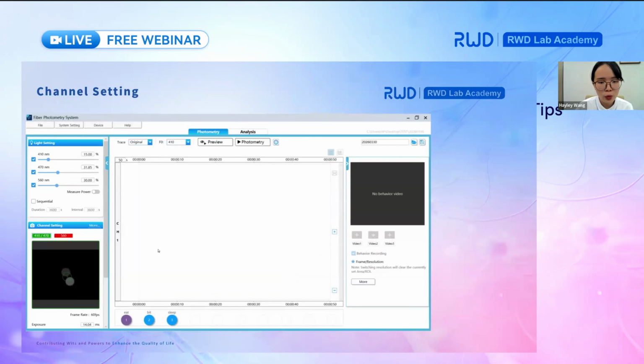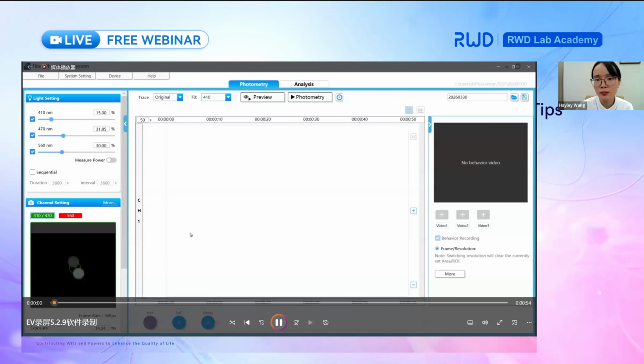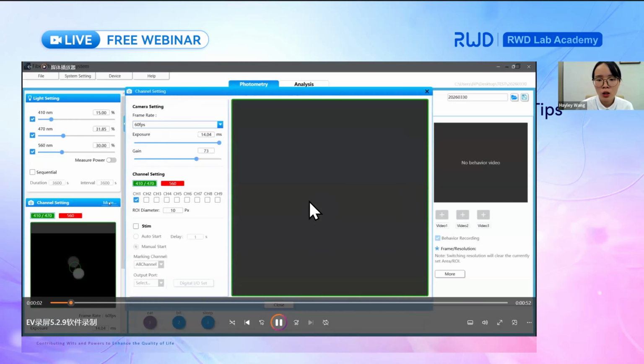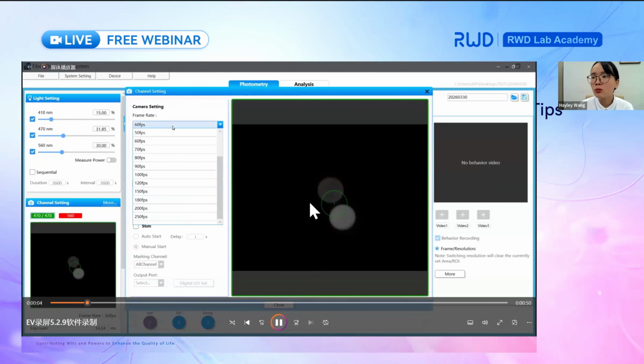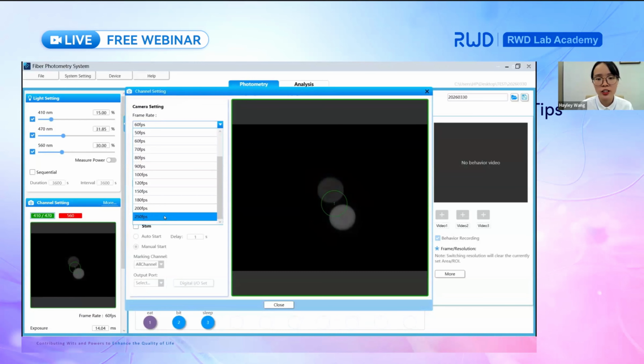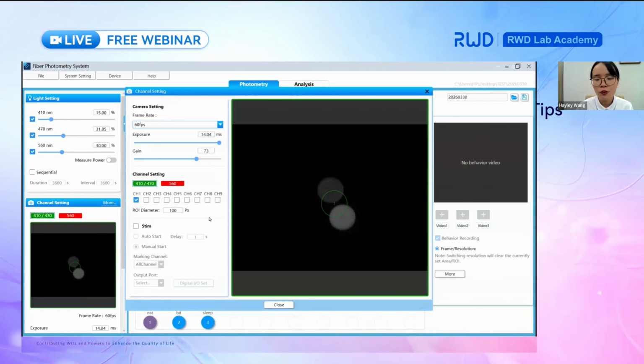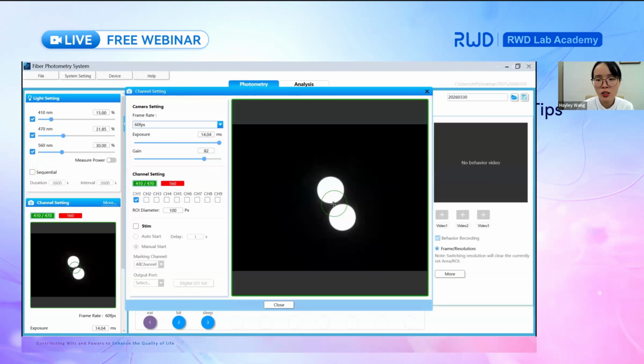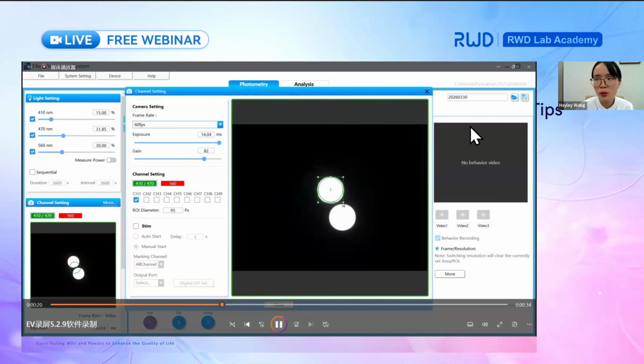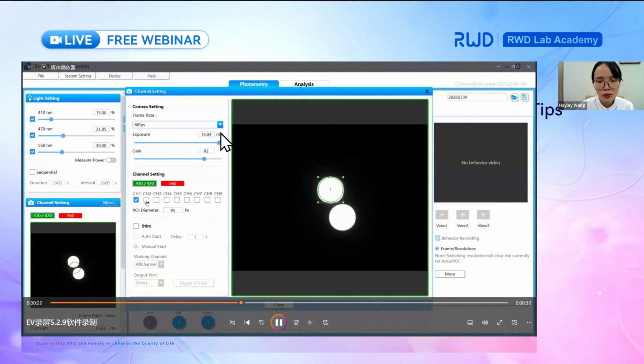Next, we will move to the channel setup. We will set the channel to make sure the signal is clearly captured from the fiber end. First we set the frame rate from 10 to 215 FPS, and 60 to 100 FPS is commonly recommended. Then we set the exposure time.